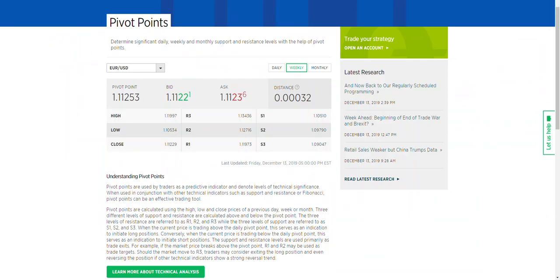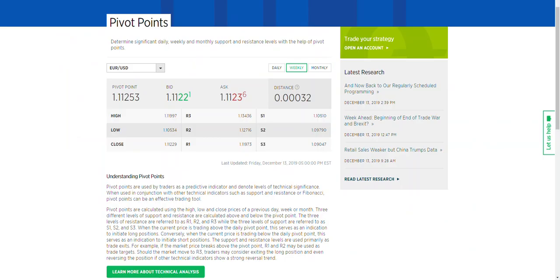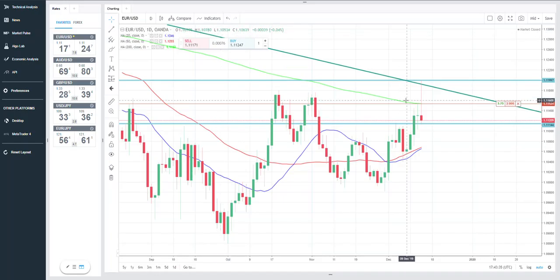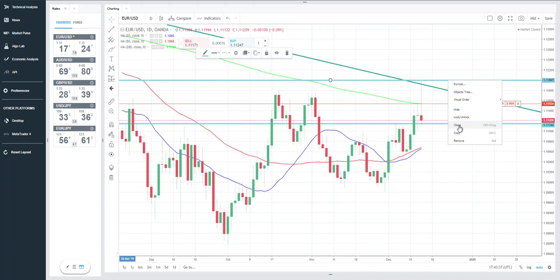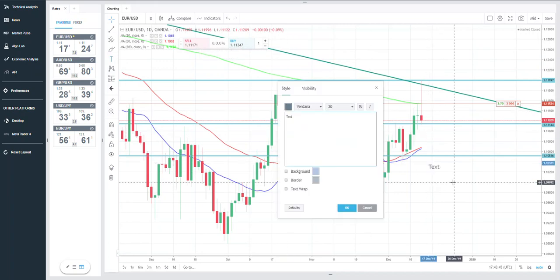Let's look at the weekly R1, 1.1197, and then what was weekly S1, 1.1051. So I'm going to clone that, drag this down, and label these.